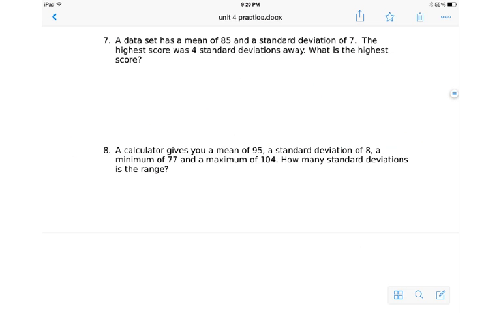In number 7, a data set has a mean of 85 and a standard deviation of 7. The highest score was 4 standard deviations away from the mean, is what it should say. What is the highest score? So if you draw your little normal distribution curve, and you know that the mean is 85 and the standard deviation is 7.